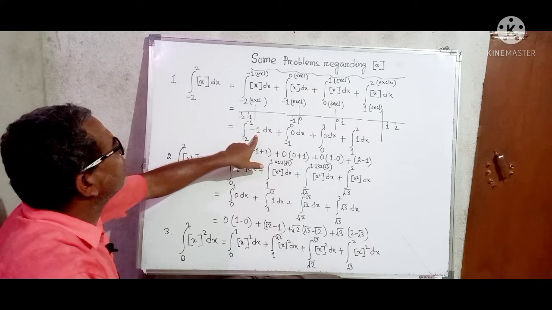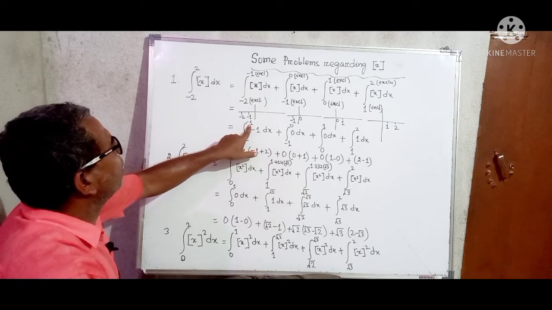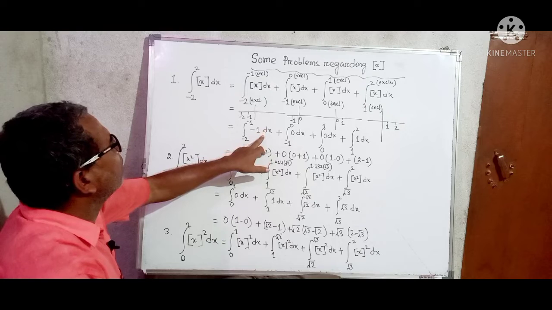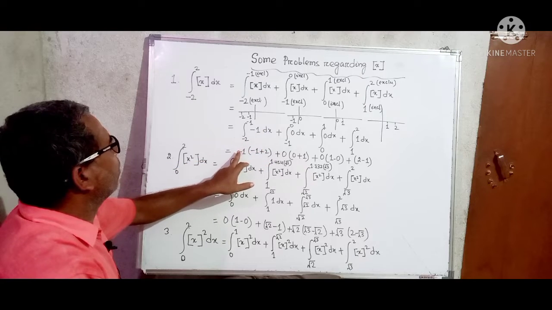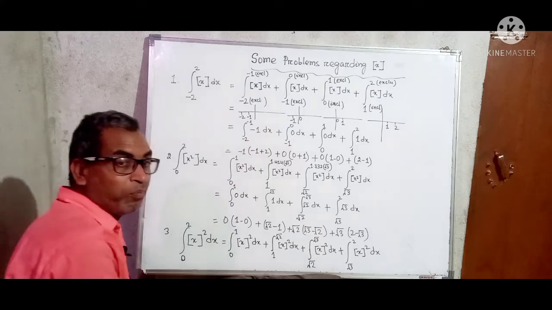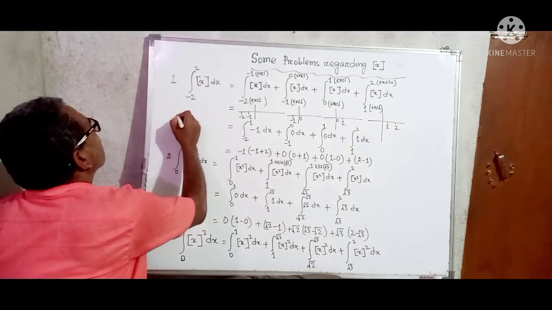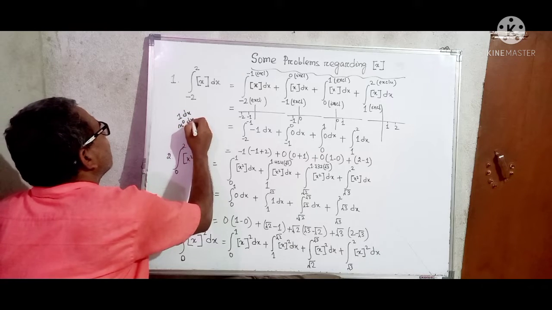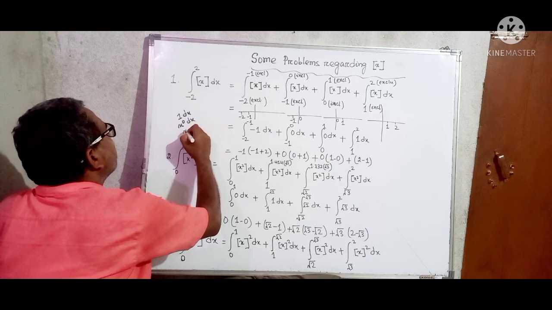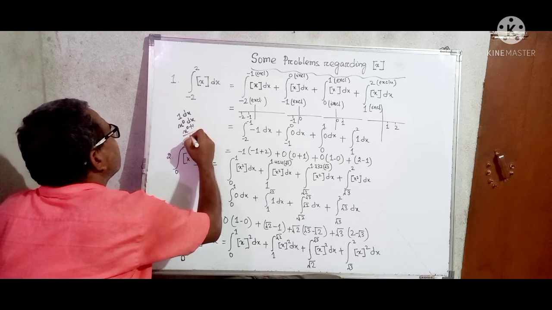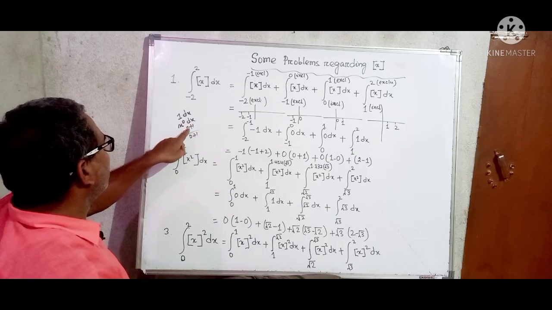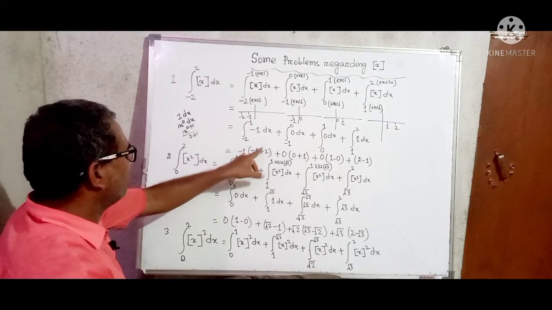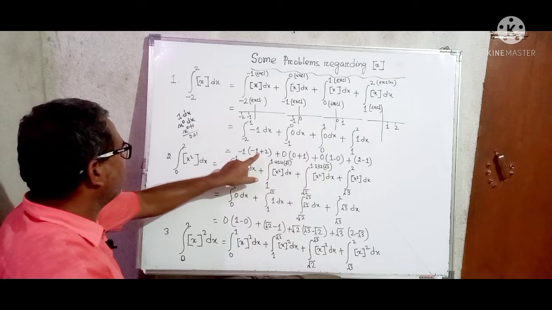Then the result will be -1 into (-1 minus -2), that is -1 into (-1 plus 2). Here, taking -1 outside, the integral of 1 dx, that is x to the power 0 dx. Putting the formula, x to the power 0 plus 1 by 0 plus 1, that means x to the power 1 by 1, that means x. That is why I am doing it like this.